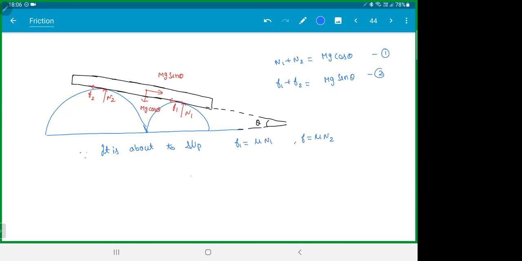Put this in equation 2. We get mu times (N1 plus N2) is mg sine theta. And I know N1 plus N2 is mg cos theta. Basically, we get the angle of repose. So we get tan theta is equal to mu.